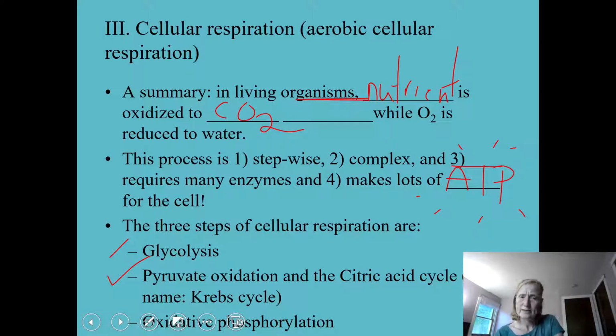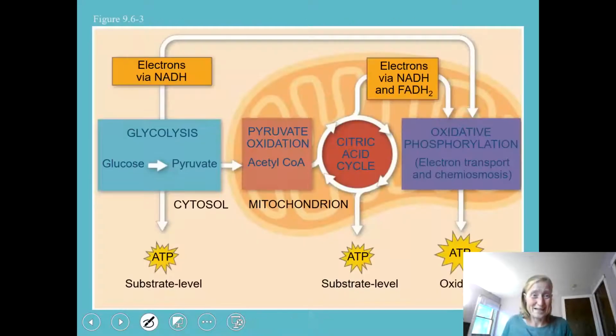So we're going to take a look at these steps and sort out how do our cells take the nutrients that we eat, like the bagel you had for breakfast, and use those nutrients somehow, tap into them to make ATP. That's our job to figure this out.